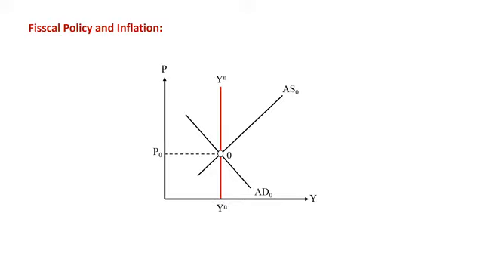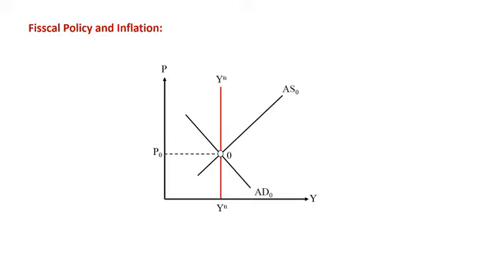To answer this question, let's analyze the figure on the screen, which shows the effect of a one-time increase in government spending, for example, from 500 million to 600 million liras. Let's assume that the economy was at point 0 in the beginning. The output was at the natural output level and prices at the P0 level.